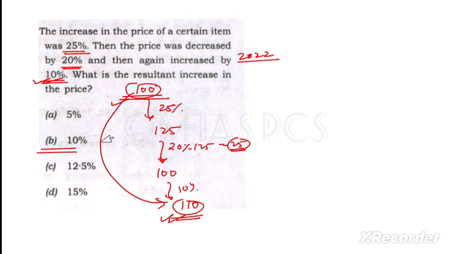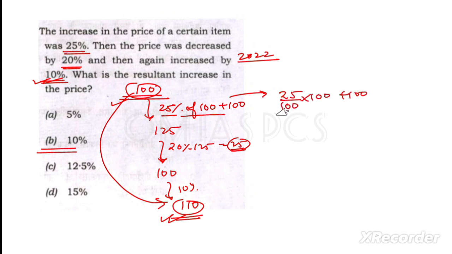Got it? Basically, what we have written here is 25 percent of 100 plus 100. Now it's your work to find how I have solved this. 25 percent means 25 by 100 multiplied by 100 plus 100.